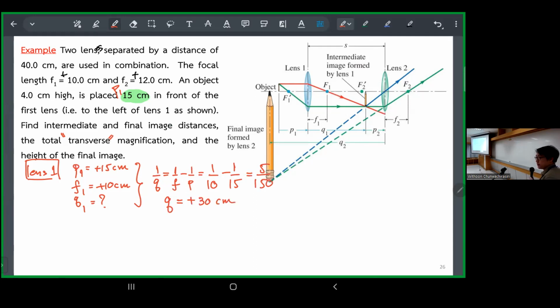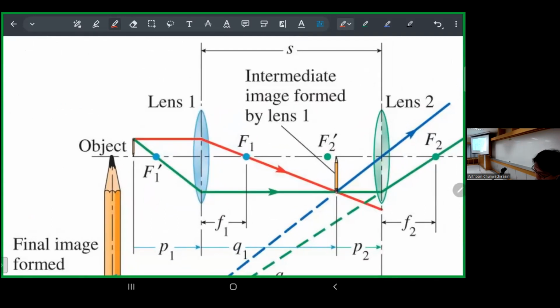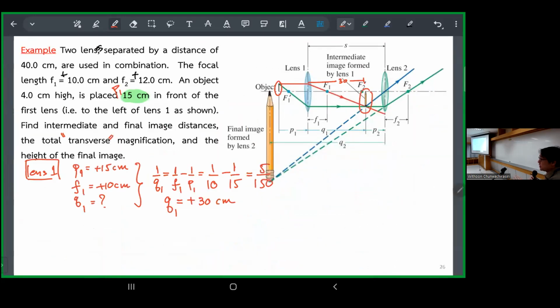With me, guys? Okay, cool. So what does it mean? Let me put subscript 1 on it. Just by considering lens number 1 alone, the object, which is right here, will generate an image right here at 30 centimeter. And it must be behind the lens because you get a positive 30 out.